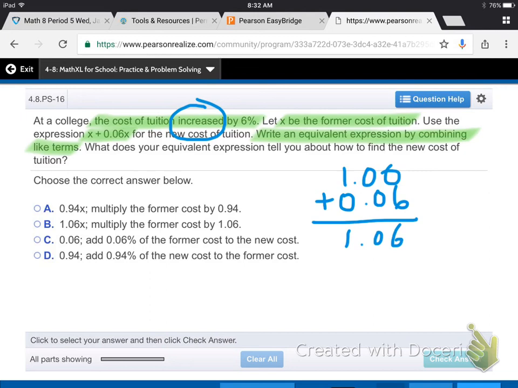And since they're both like terms with x in them, see that right there, then the answer is 1.06x. Okay, now which answers have that? It looks like B is the only choice. You see that? Pretty simple. 1.06x, you multiply the former cost by 1.06. That's what you do. And that's it.